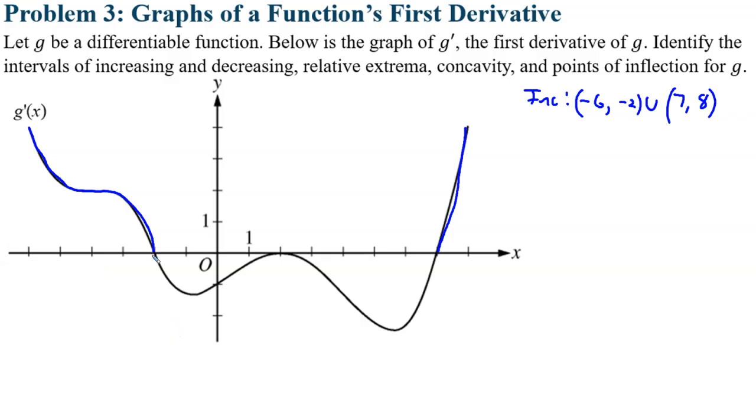And then same idea, we'll say this graph is decreasing when my derivative is negative. So that's going to be what we see here in green. And now being a little picky here, it looks like my derivative is equal to 0 at x equals 2.